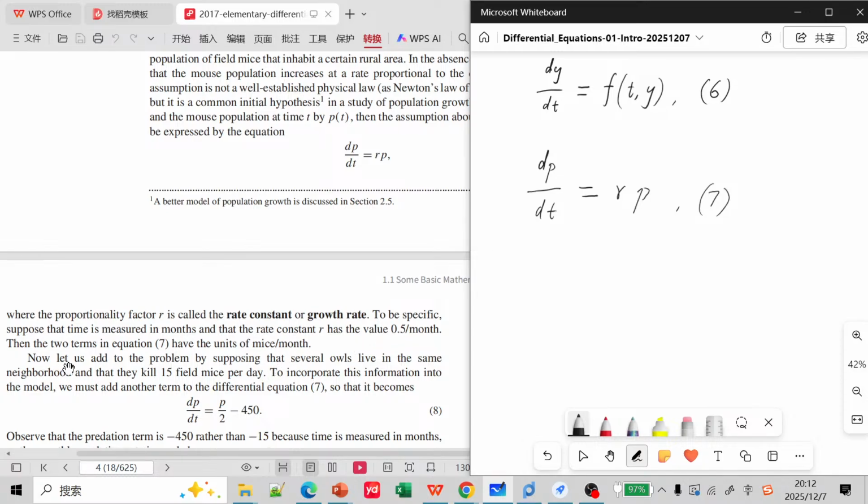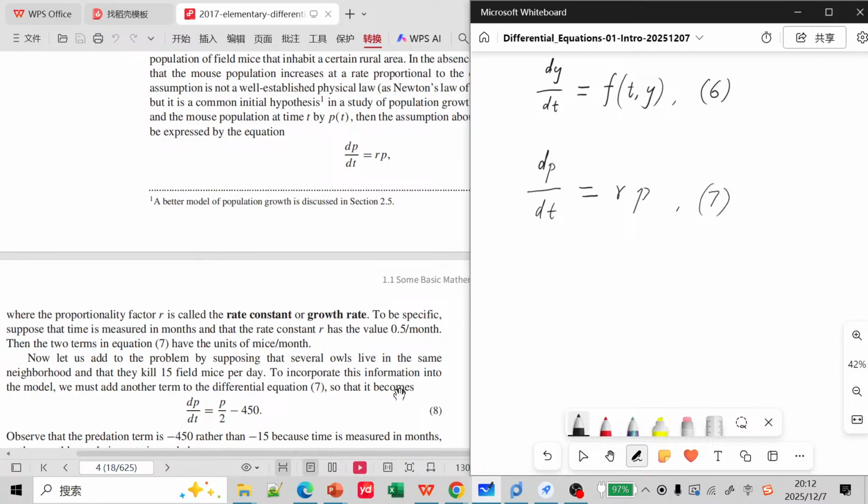Now let us add to the problem by supposing that several owls live in the same neighborhood and that they kill 15 field mice per day.